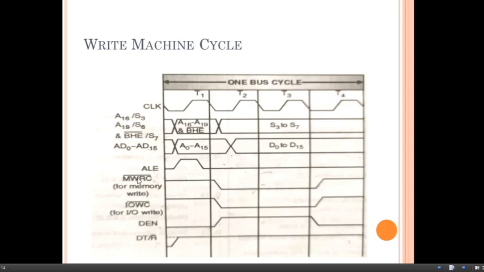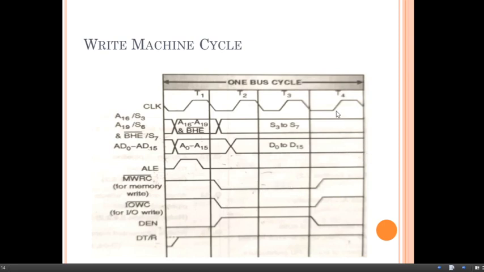At the same time, based on whether the memory has to be written or the IO has to be written, the 8086 will assert the memory write command, made low, if it is a memory operation, and if it is an IO operation, this IO write command is made low. So this signal is made low based on memory or IO operation.